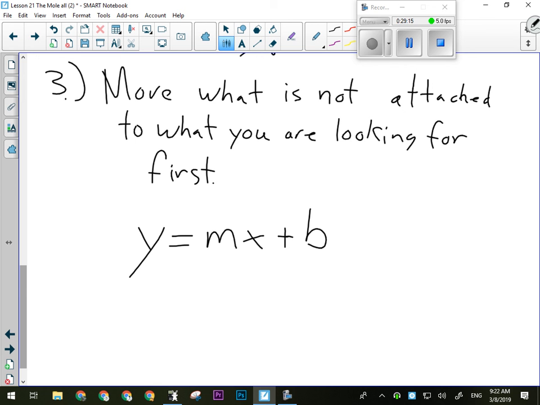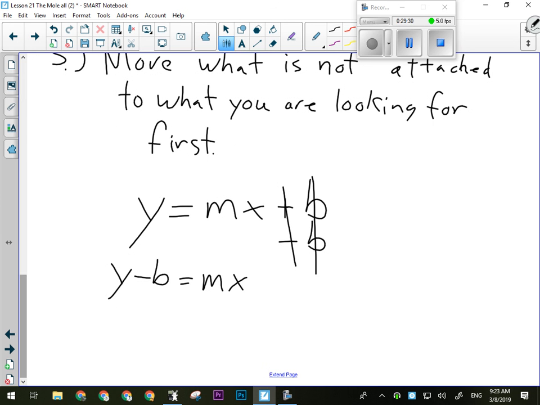I'm going to do the opposite operation. So I'll subtract b from this side, which will make it cancel. And then what I do to one side, I have to do to the other. So now I have y minus b equals m times x. I want m by itself. What do I do with x? I divide it, because right now I'm multiplying m by it. If I want to move something, I do the opposite.